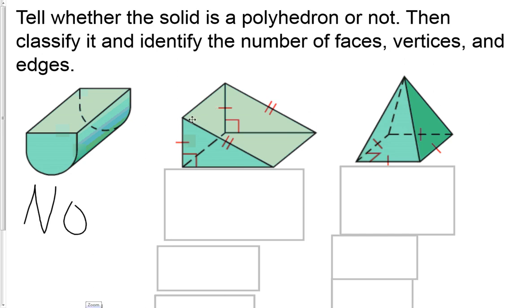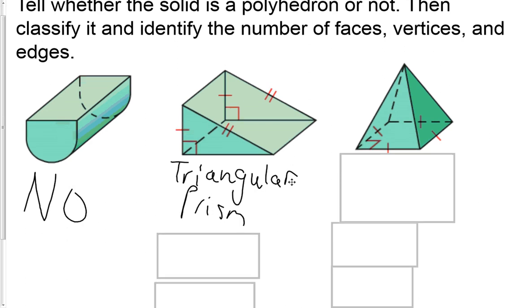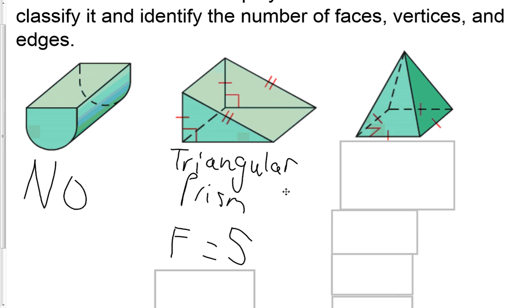Next one, this looks like a triangular prism. We don't go to a point, so it's not a pyramid. So a triangular prism, yes, is a polyhedron. And therefore, now we're counting faces. We've got front and back, and then 2, 3, 4, 5: top, bottom, left. So I've got 5 faces.